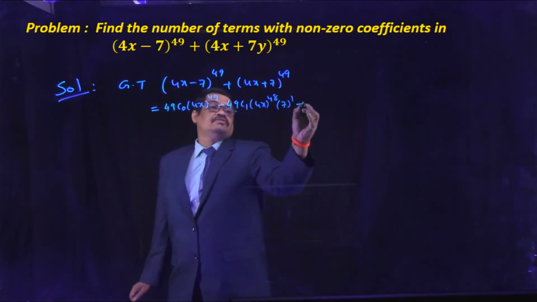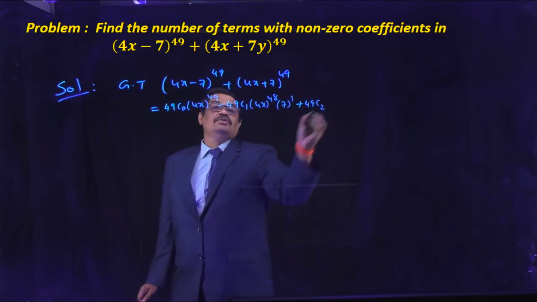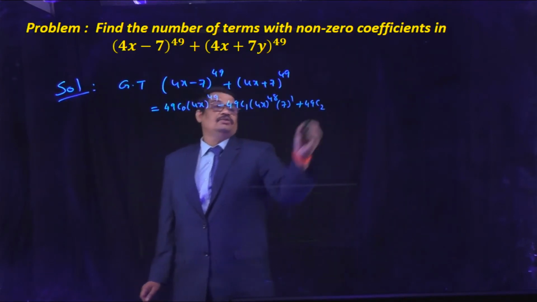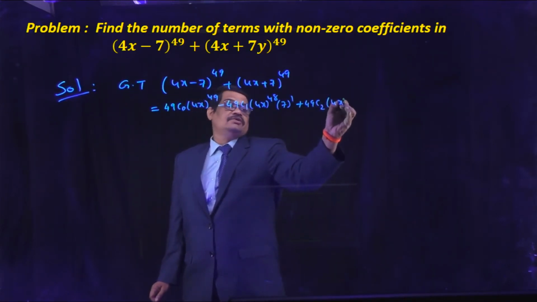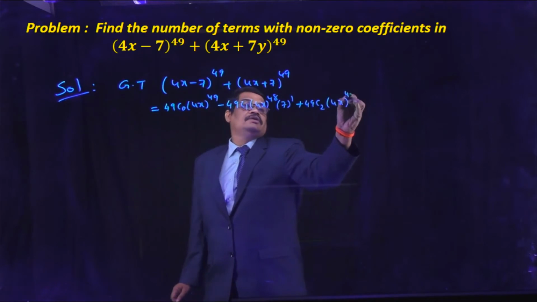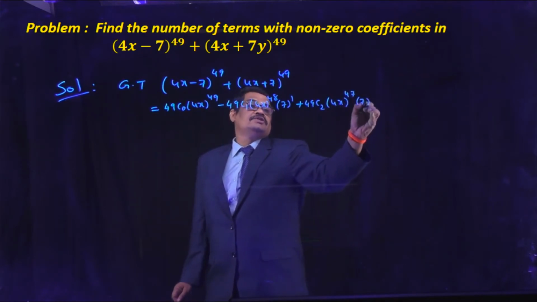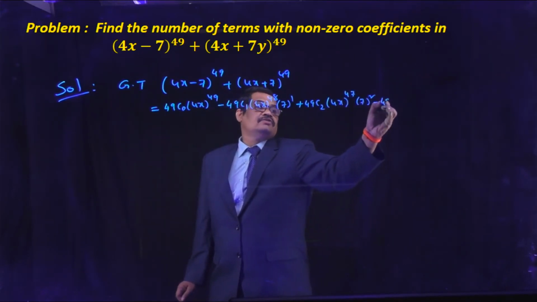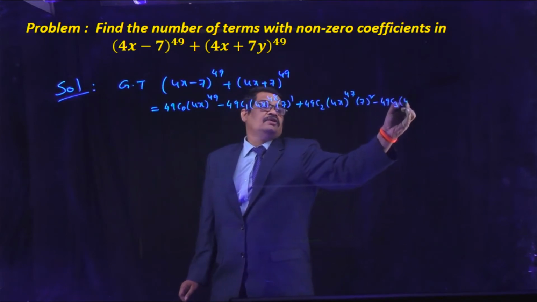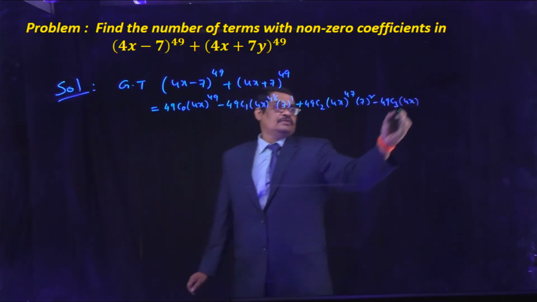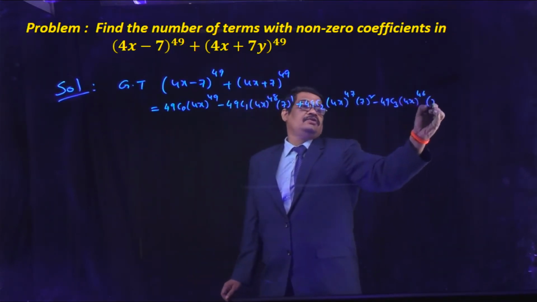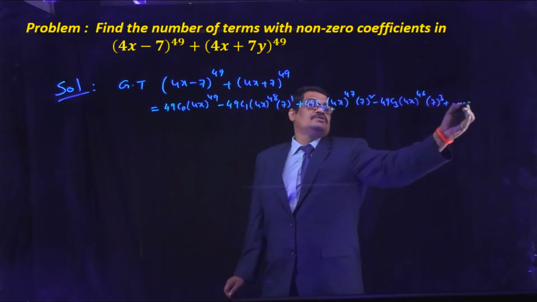Next 49C2 (4x) whole power 47 into 7 square, minus 49C3 (4x) whole power 46 into 7 cube, and so on.